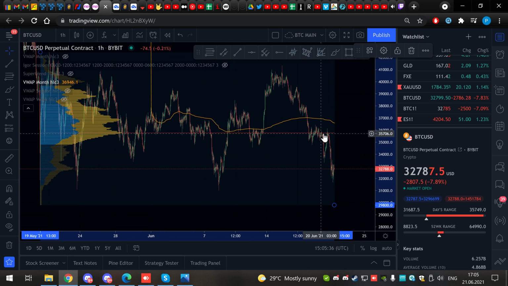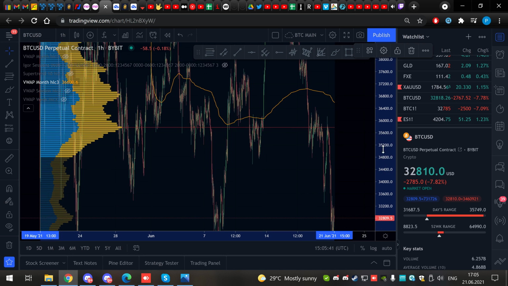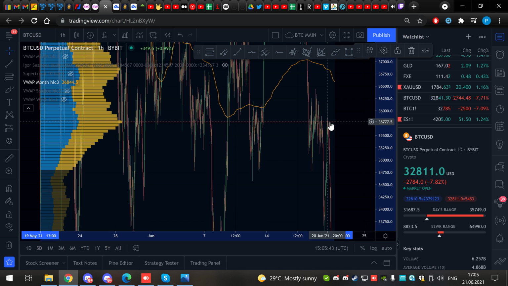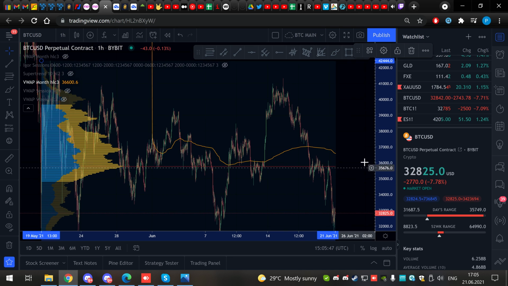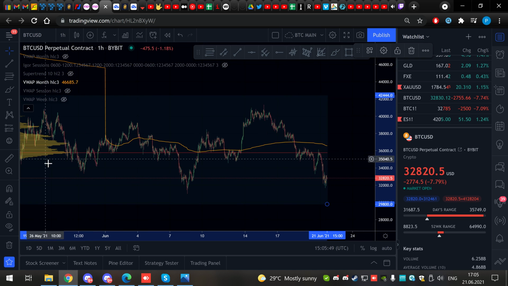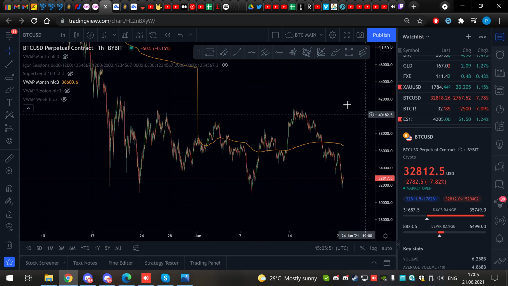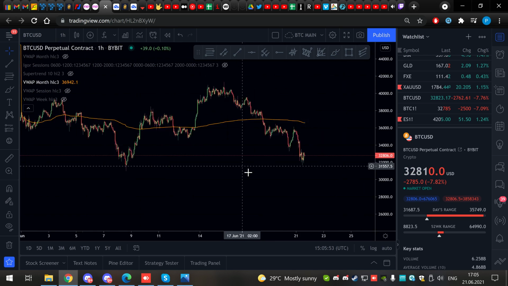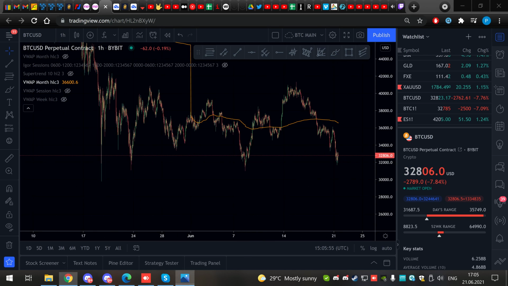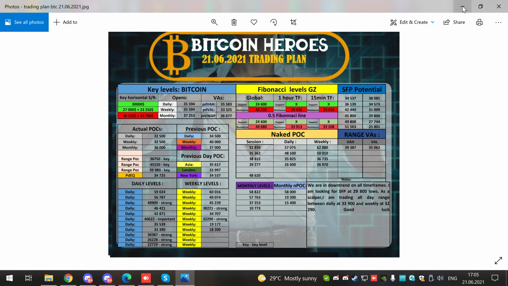And now it is at around 35,777. Yeah, so that's the range point of control. That's the current 1 hour range, and so yes, all those important range points I will be marking.